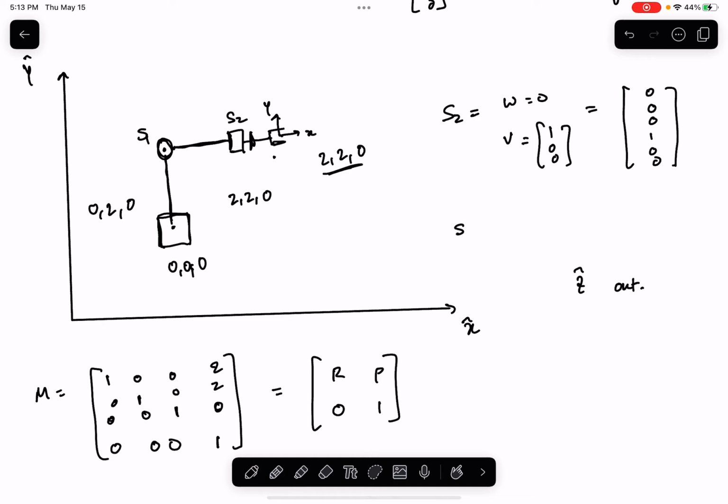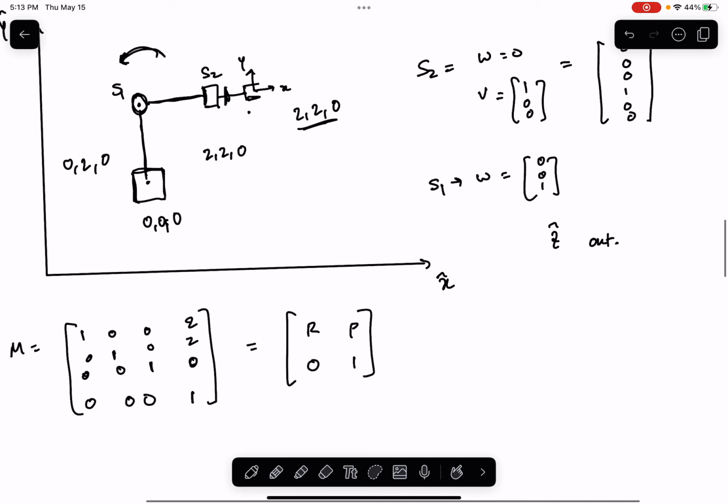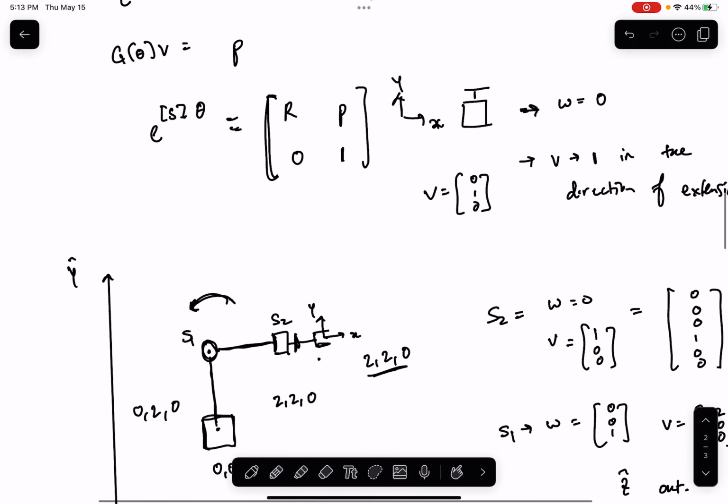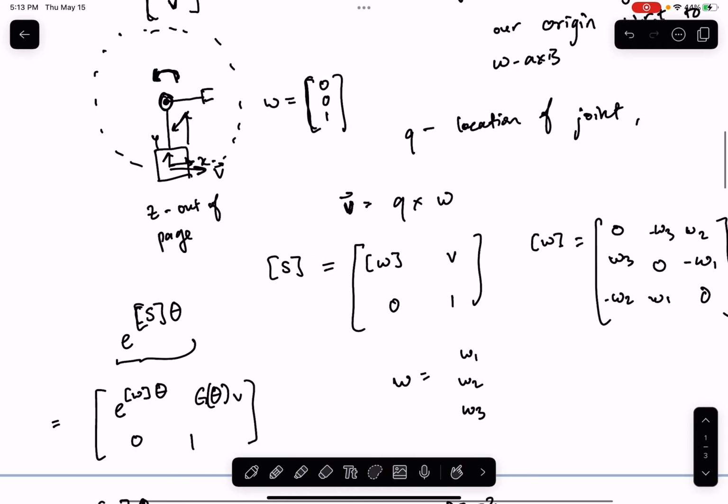And for our S1, we know our omega is going to be a rotation in the counterclockwise direction, which we found to be in the positive z direction. And we also calculated out our v to be 2 in the positive x direction, if I'm not wrong.